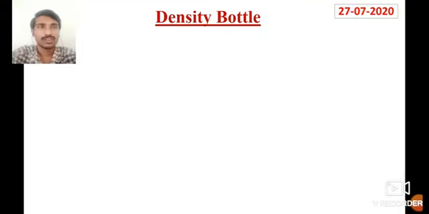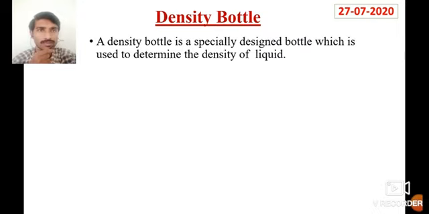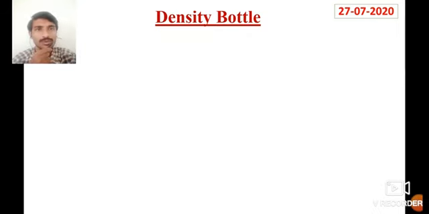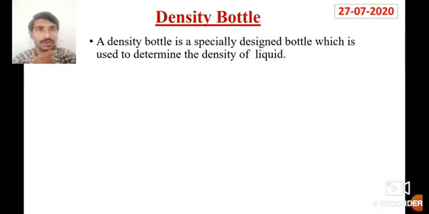Students, now we will move on to one important concept, that is the density bottle. So what is a density bottle? A density bottle is a specially designed bottle which is used to determine the density of a liquid. So why do we use a density bottle?